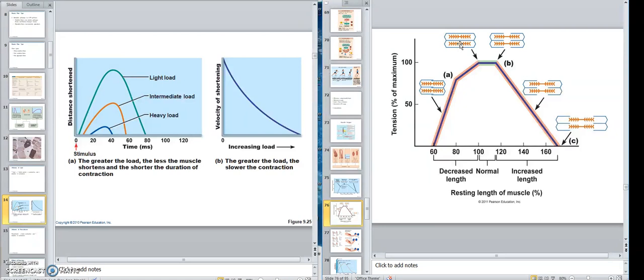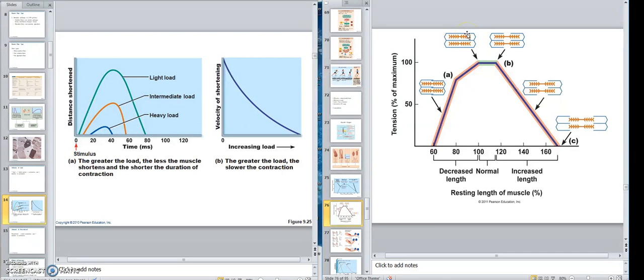So what's my point? My point is that with a light load, you can unlock the myosin heads and re-grab further on the actin and pull in more and further more and further more. Intermediate, but with a heavy load, none of the myosin heads can let go.